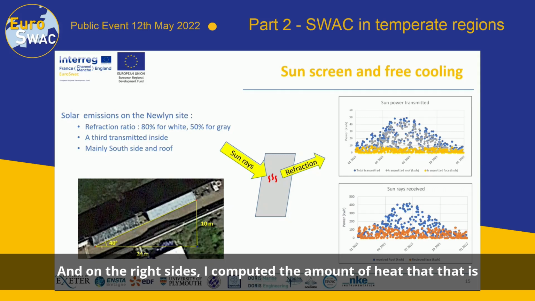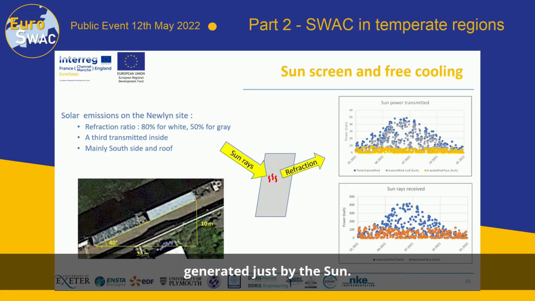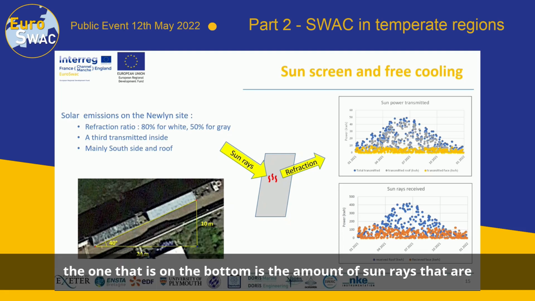And on the right side, I computed the amount of heat that is generated just by the sun. The one on the bottom is the amount of sun rays that are received by both sides of the container, the south face and the roof face.